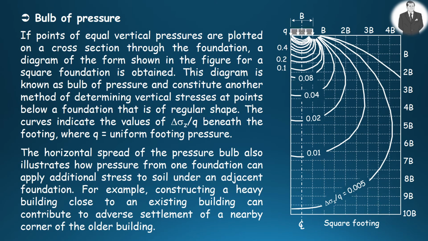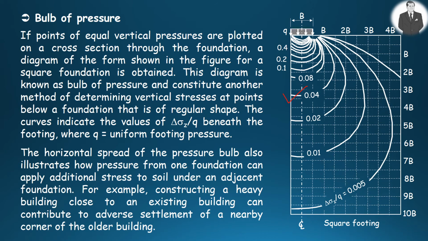If points of equal vertical pressure are drawn on a cross-section through the foundation, a diagram of the form shown in the figure here is attained. This diagram is known as the bulb of pressure and forms another way of determining vertical stresses at points below a foundation for regular shapes.